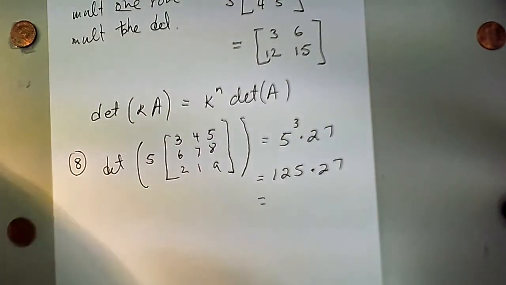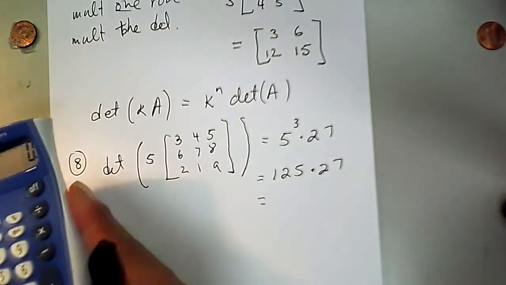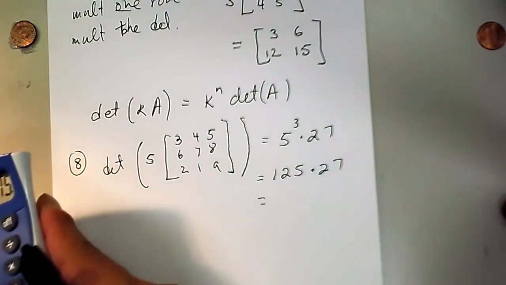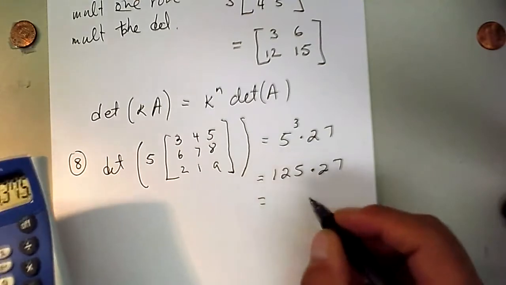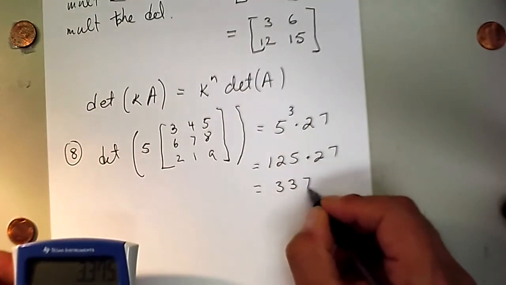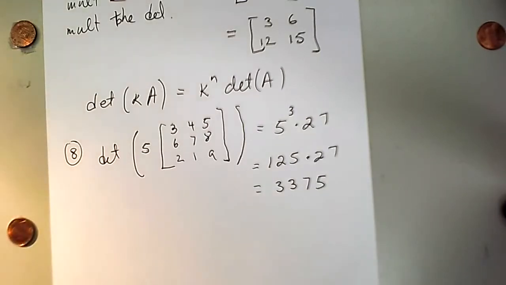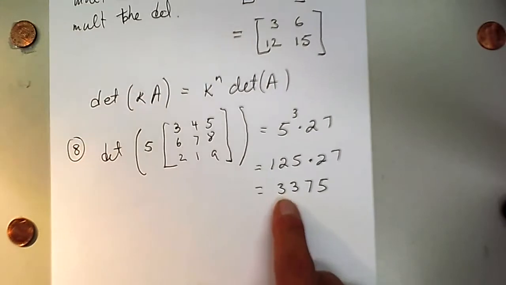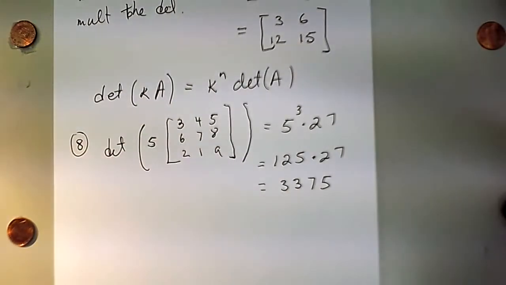And I'm going to use this calculator. 125 times 27. And that gives us 3,375. So the determinant of 5 times that matrix is going to be that huge number, 3,375.